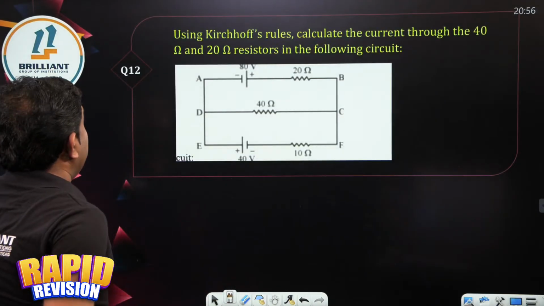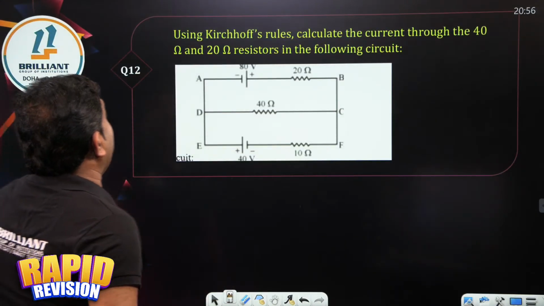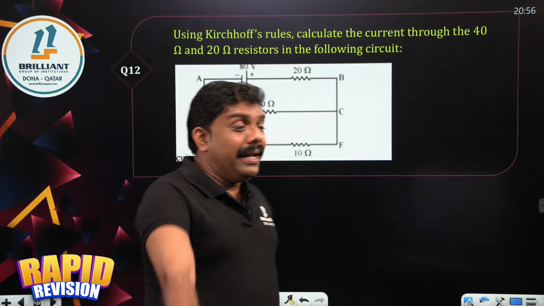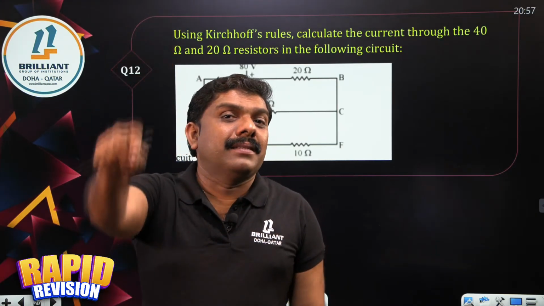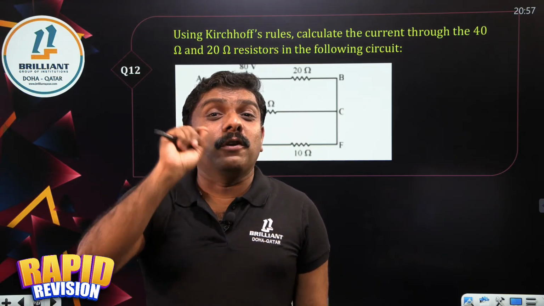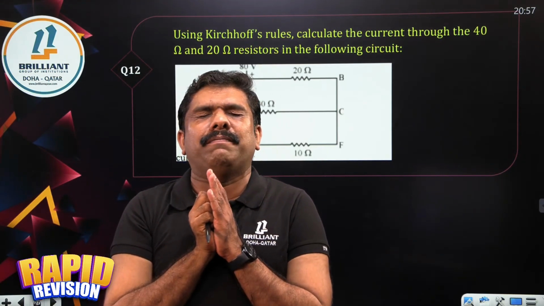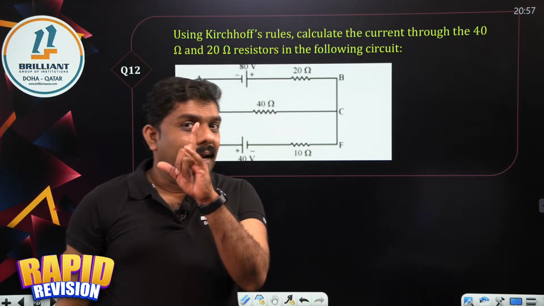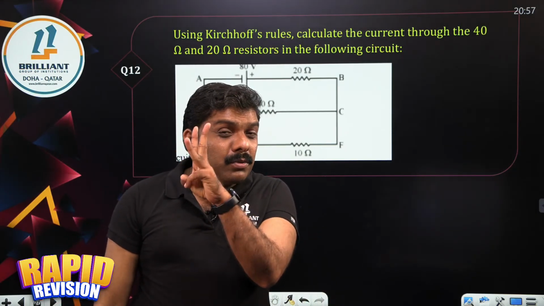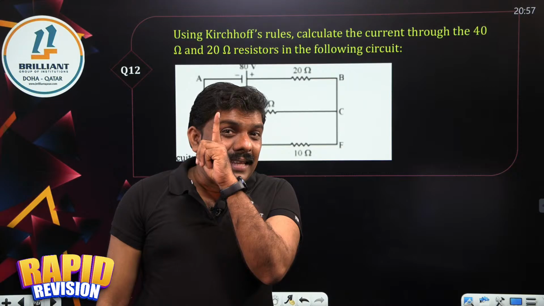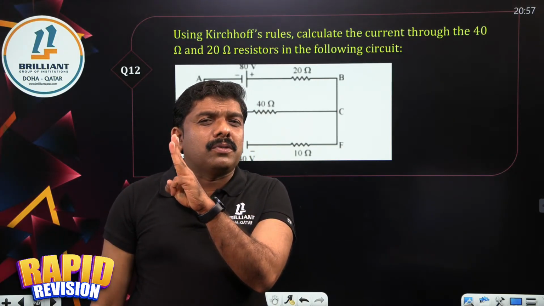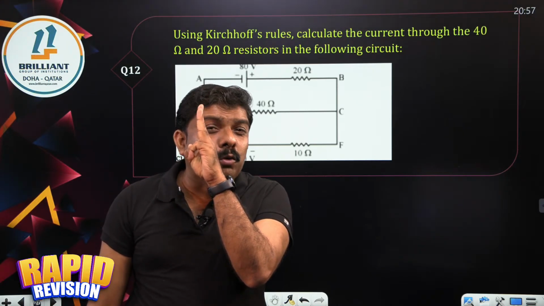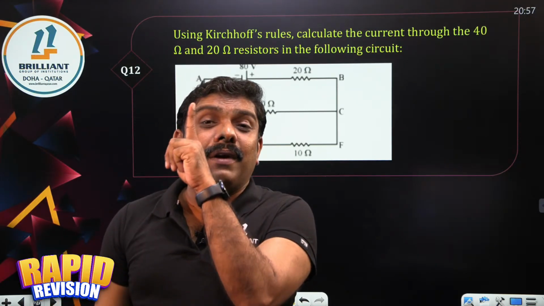Now the next one: Kirchhoff rule we are explaining. Just like the capacitor questions, Kirchhoff law related questions are also very important for the exam. Lengthy question, 3-mark question. From the first 5 chapters we are expecting a minimum of 2 3-mark questions and 1 5-mark question.